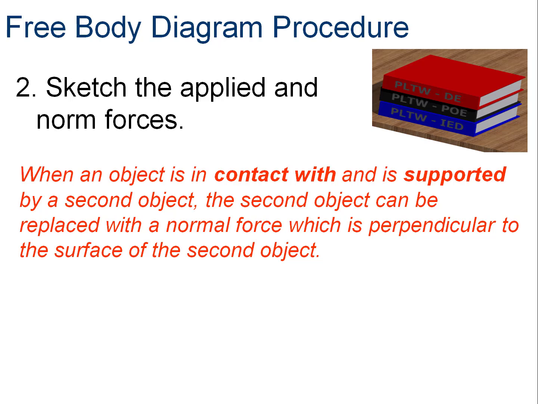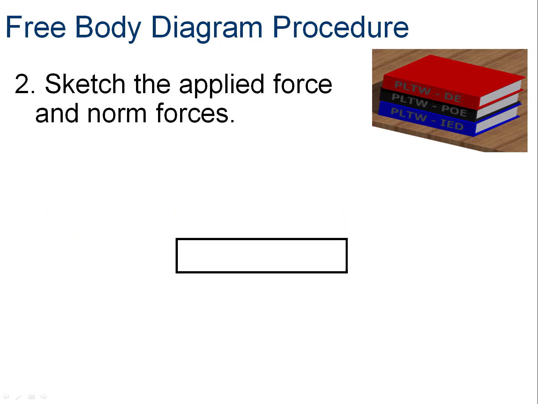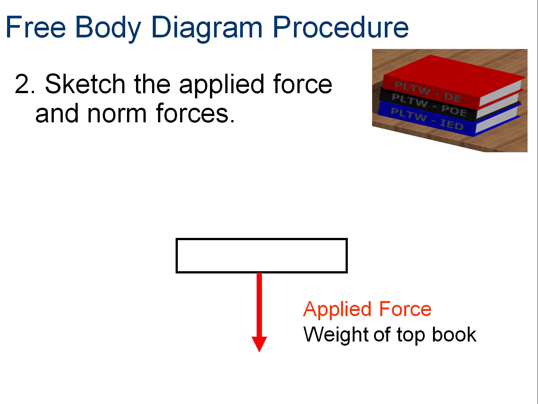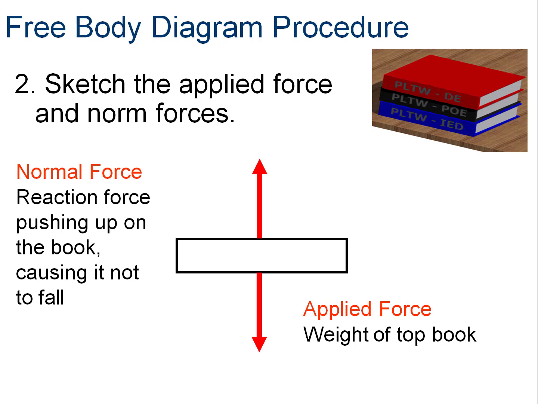That black book is providing a normal force. That normal force stops the top red book from falling. So I apply the weight of the book, that's an applied force, and the normal force, which is the reactionary force of the black book pushing up on the red book.